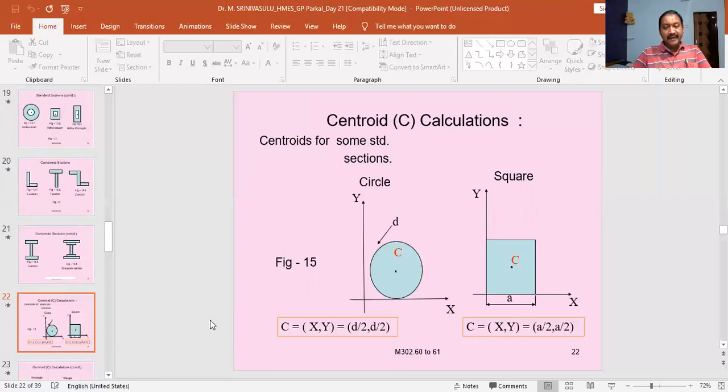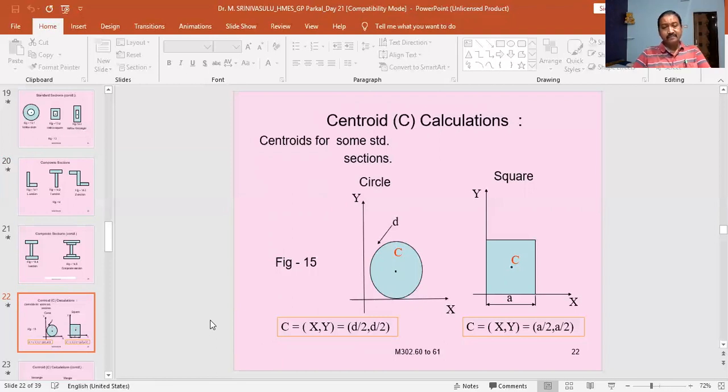Here both edges are touching the two axes. As we know, the centroid is always measured from some reference axis. So first we have to define the reference axis. Generally, the bottommost edge will be taken as the x-axis, and the leftmost edge of the given object can be taken as the y-axis.